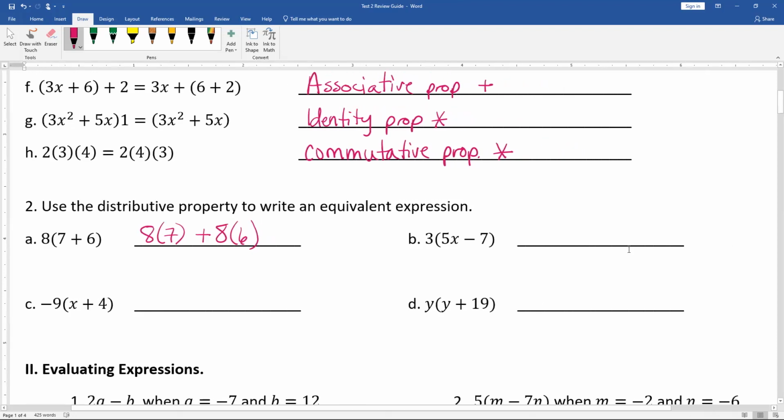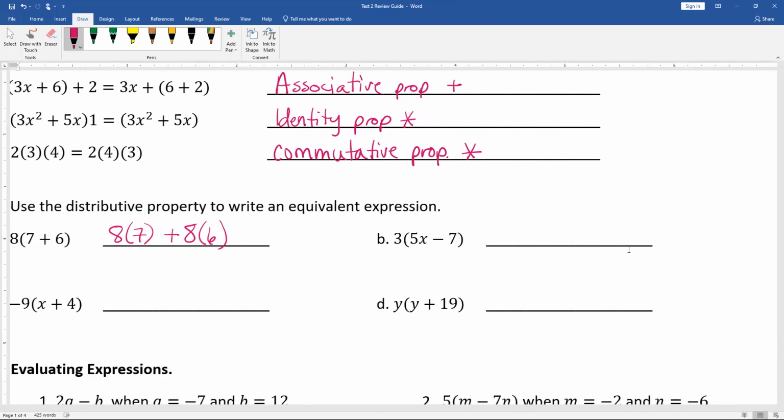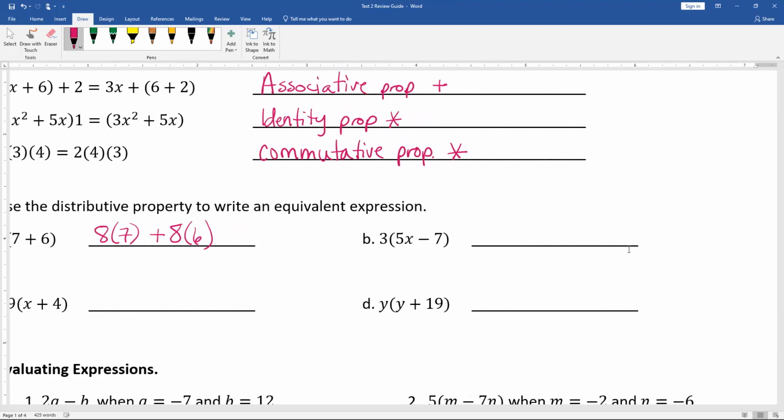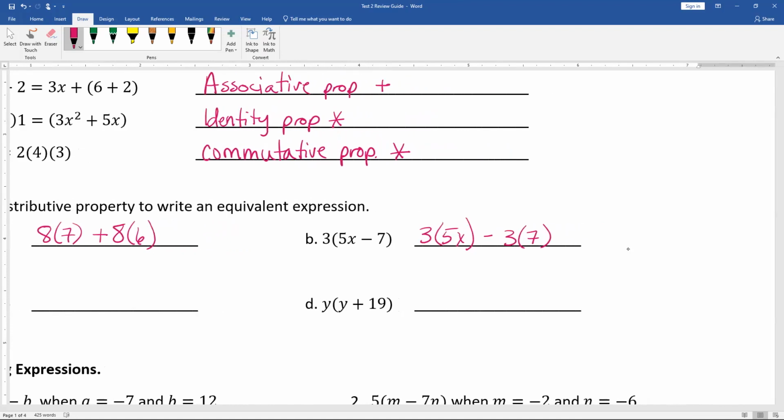All right, B. So what do we do for B? Same thing. So what would that look like? 3 times 7. All right. Now, can you go ahead and simplify this? Go ahead and simplify it.